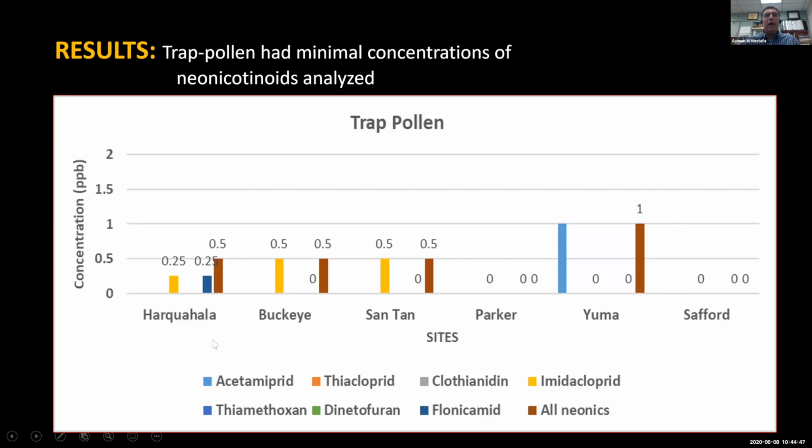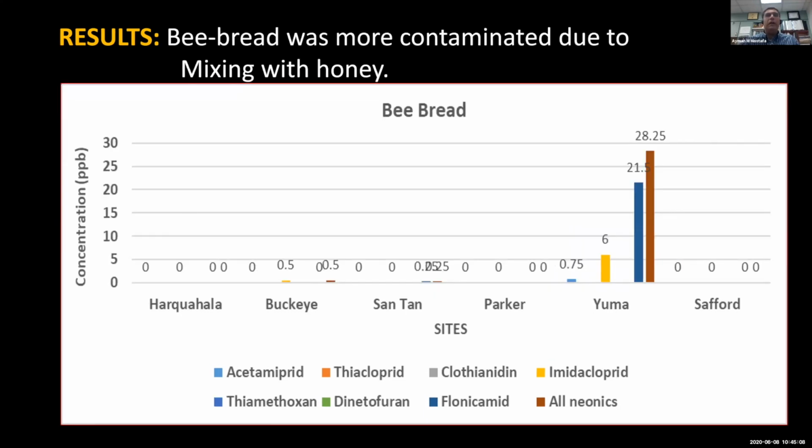As you can see, we have different locations here, and the concentration is in parts per billion. Here we can find 1 part per billion or half, still quite low in the trapped pollen. Bee bread is a little bit higher.